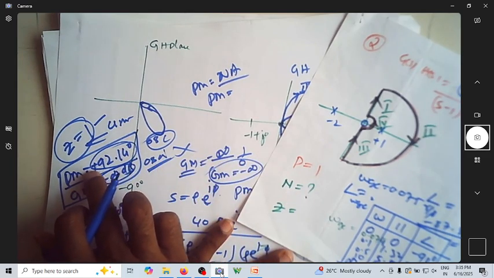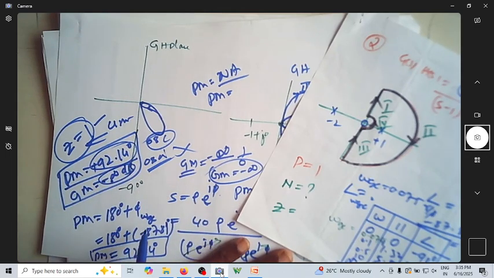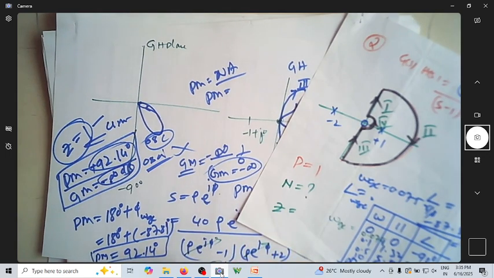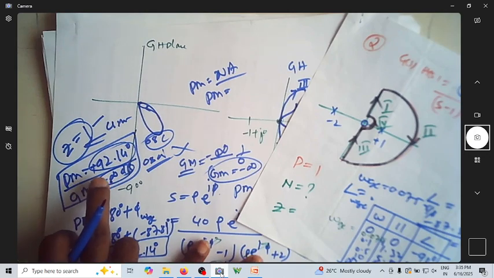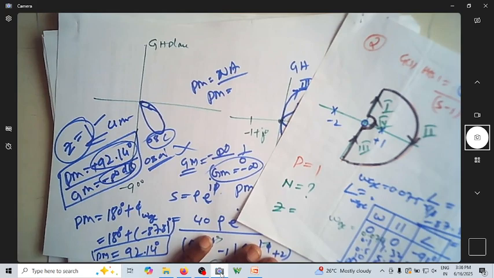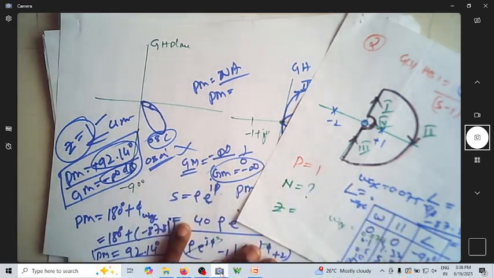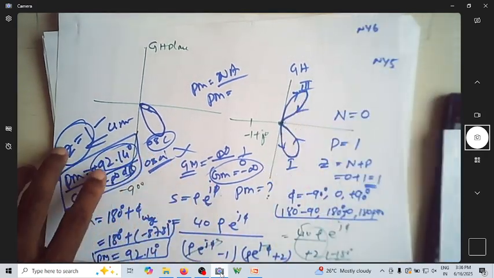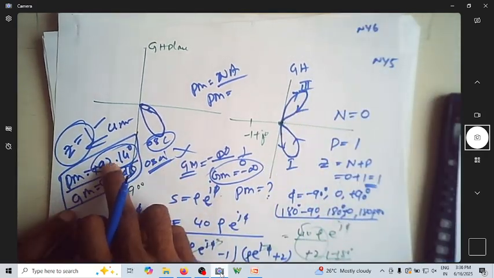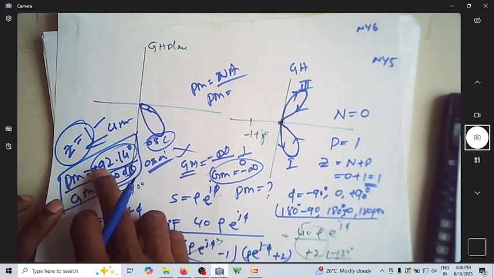This phase margin of plus 92.18 degrees says that if you deteriorate your phase margin by that amount, then the system will start oscillating. From unstable to oscillating is possible. That's the meaning of gain margin minus infinite dB and positive phase margin.